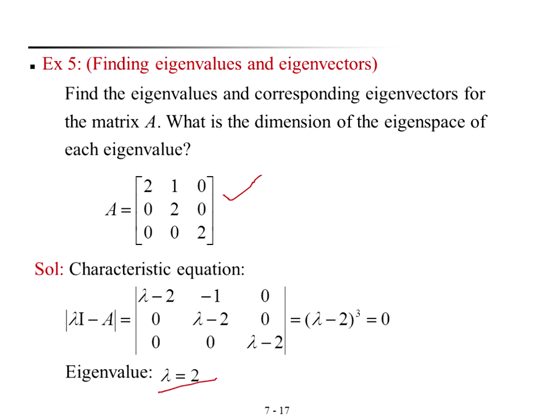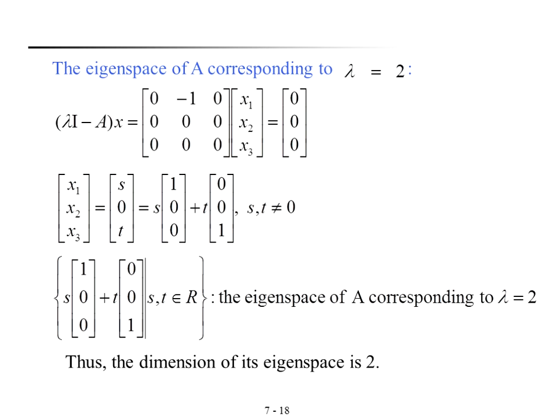Now find the eigenvectors corresponding to lambda is equal to 2. The eigenspace, you can say eigenspace or eigenvector, both are the same thing.